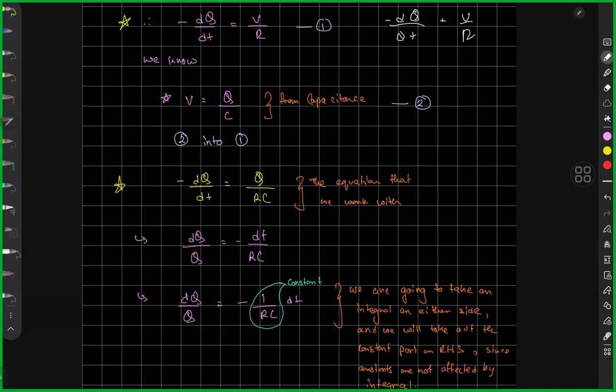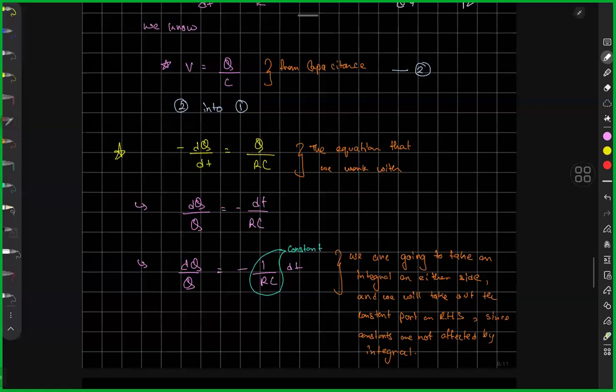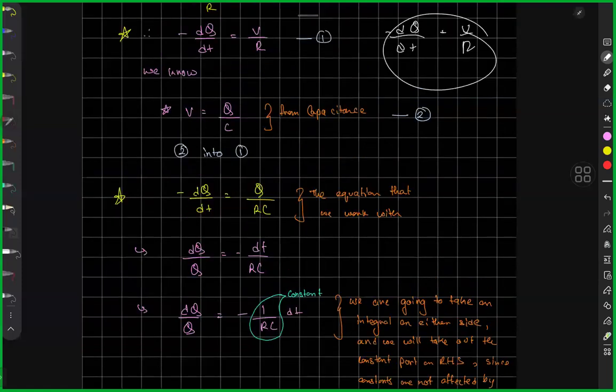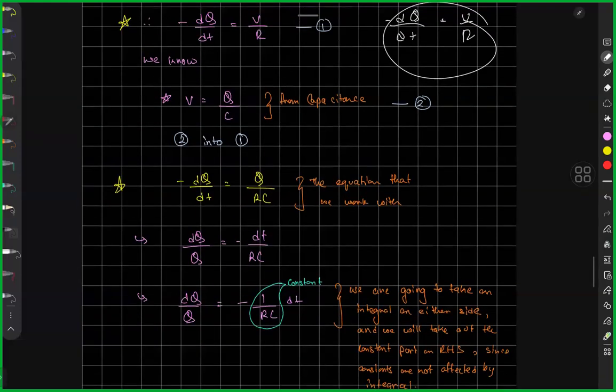Okay. Anyways, so we got until this. This we figured out, right? That minus dq by dt is V by R. Now what do we do? We're basically going to change this. Did anyone say something?